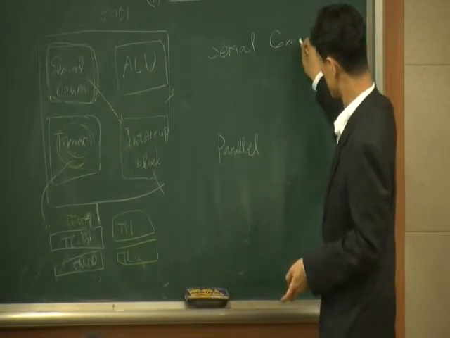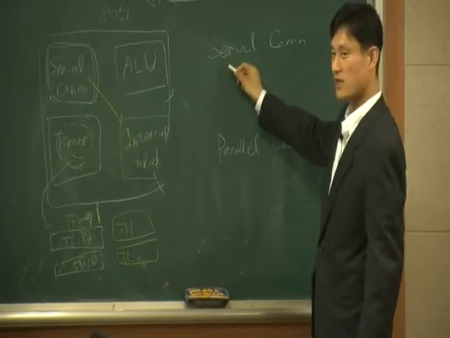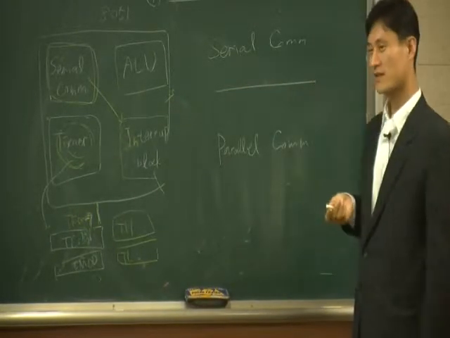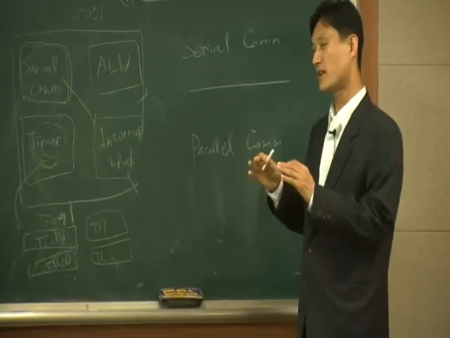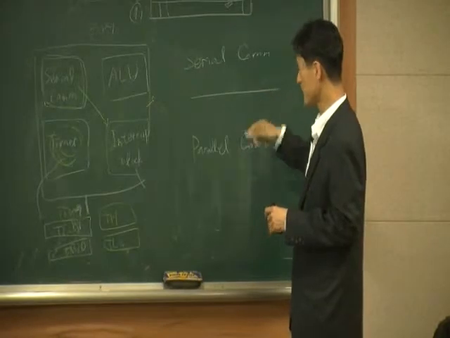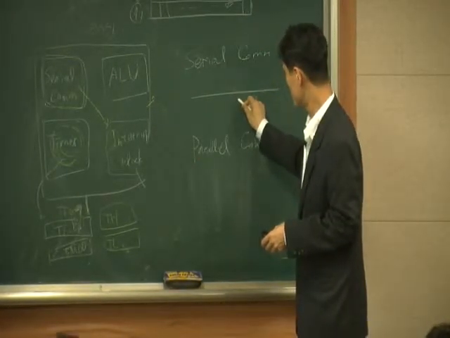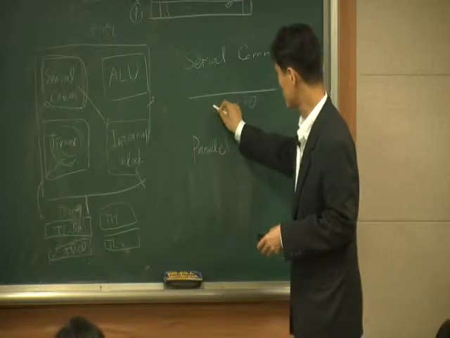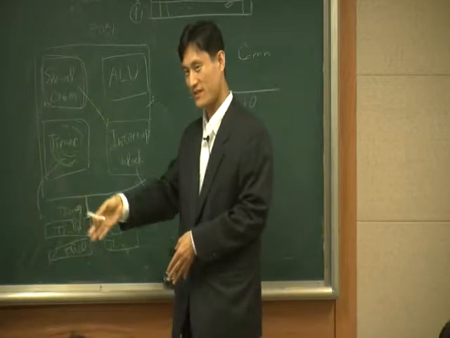Serial communication. What this means is in serial communications, you have one line, or one or two, something like this, and the data you transmit goes serially, all of the bits, 0, 1, 1, 0, 0, 0, 1, 1, something like this. They go all in one line.